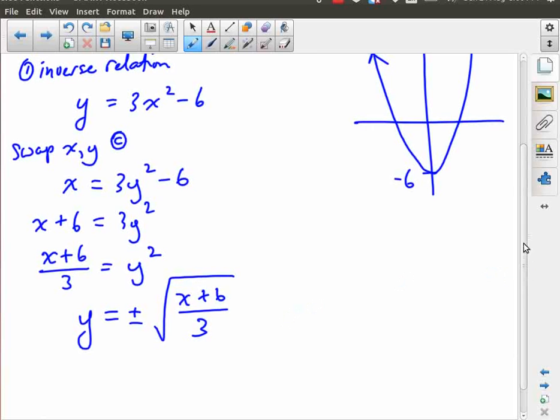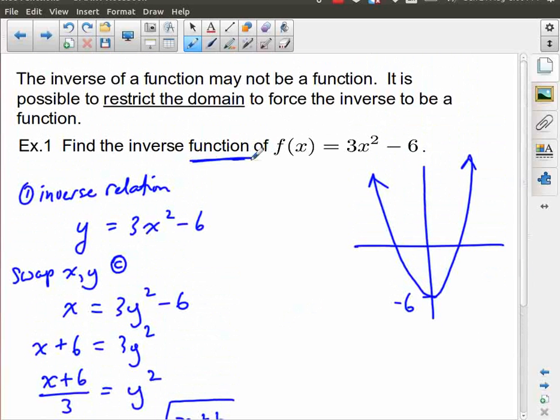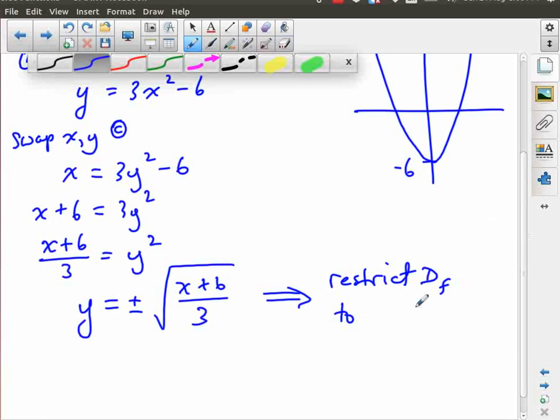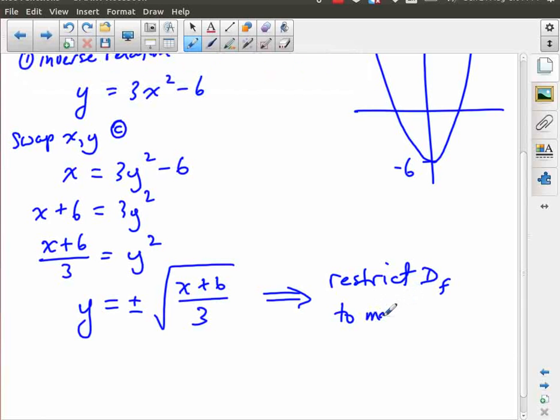So in order to find the inverse function, I need to restrict the domain of f. I have to restrict the domain of f to make the inverse a function.